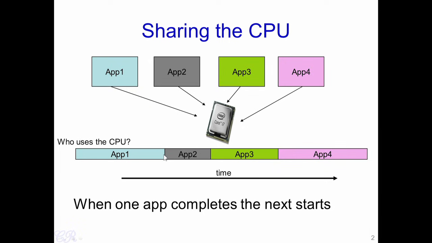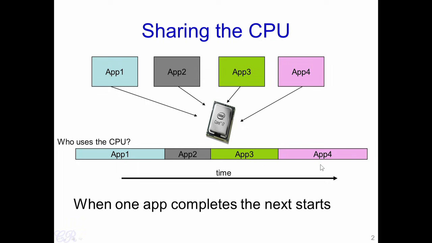When that application completes, then the next application, app 2, would execute till it completes. Then application 3 would start and execute till it ends, and then application 4 would start.